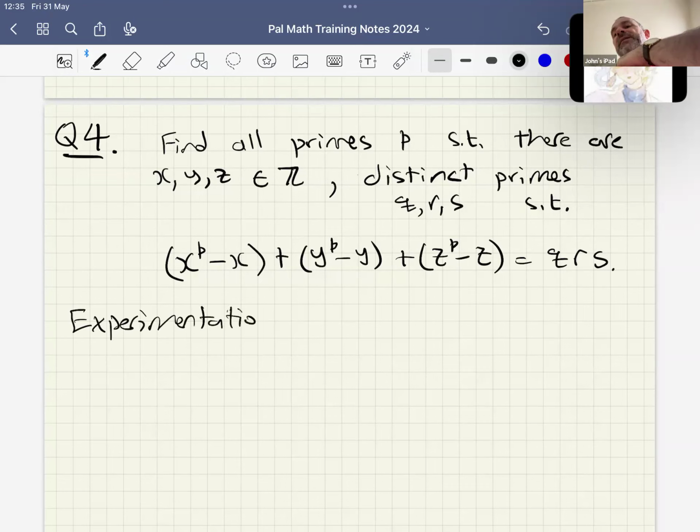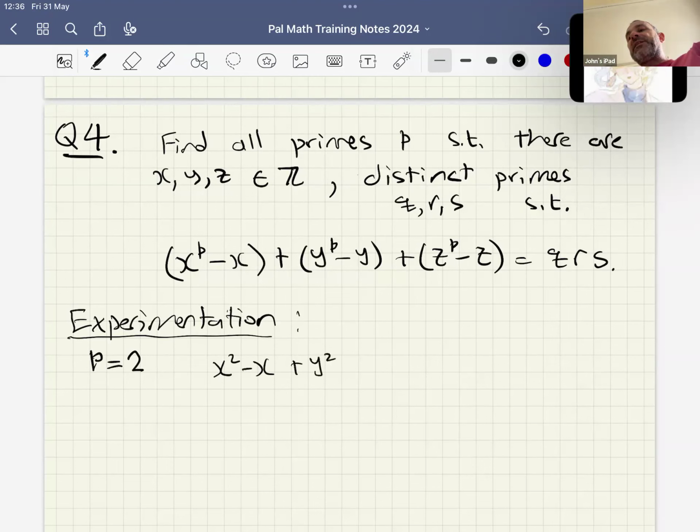And in this case, an obvious way to proceed with experimentation is to look at the case where p is a small prime. So when p equals 2, you're looking for x squared minus x plus y squared minus y plus z squared minus z to be a product of 3 primes.